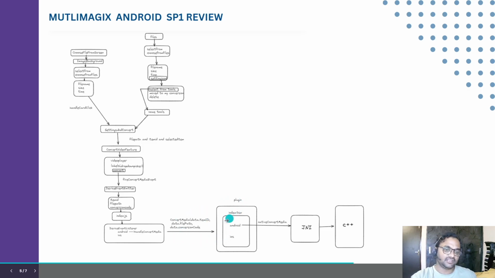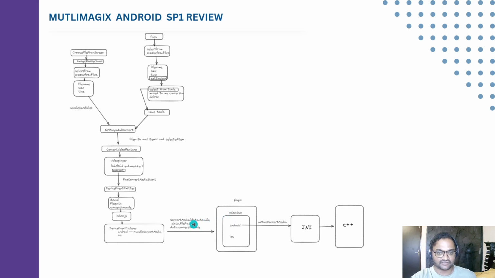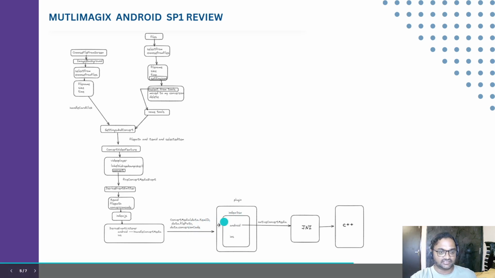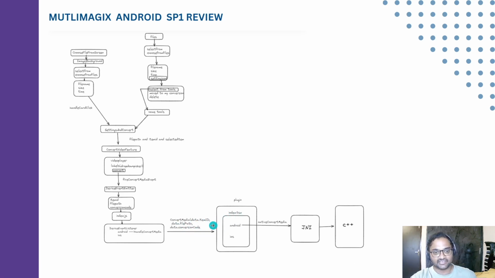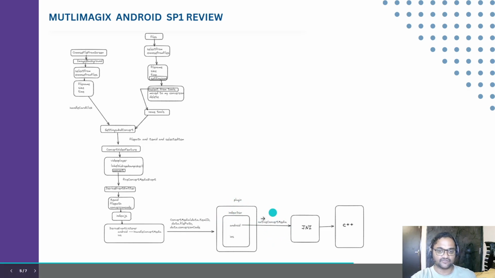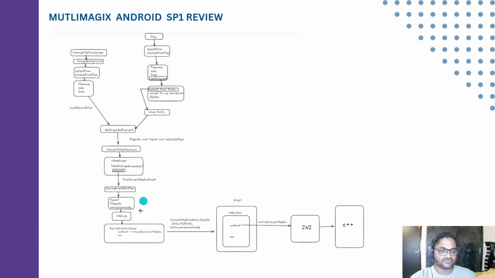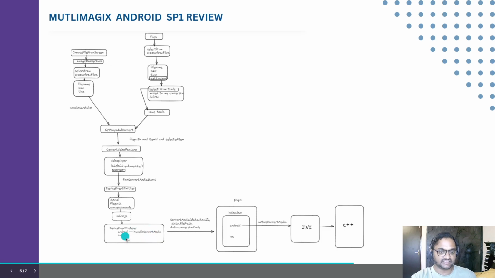In the plugin layer we have one more index.tsx. Here you have this convert media. An event is emitted again from this listener, and that event internally calls native convert media. In other words, once the event listener is there, that event listener will call convert media.